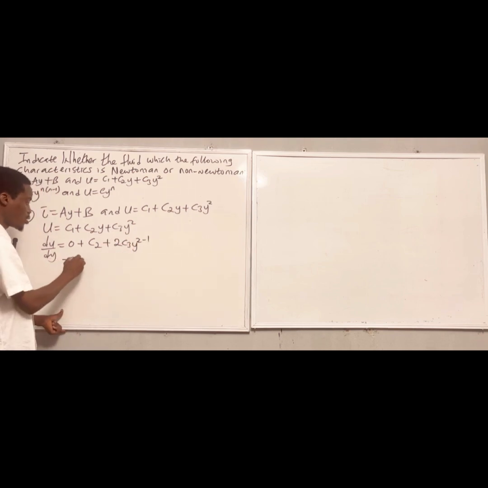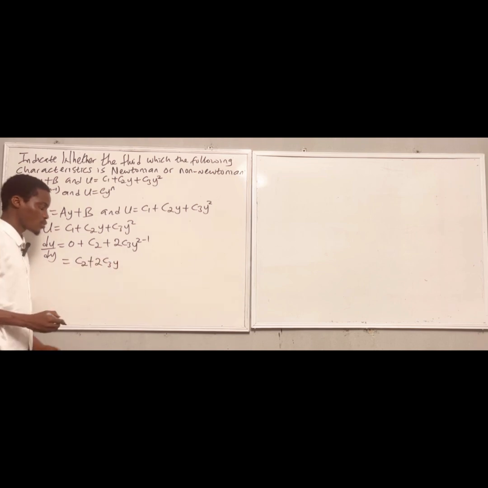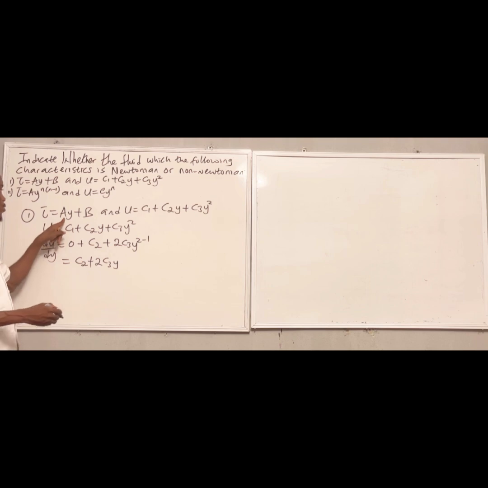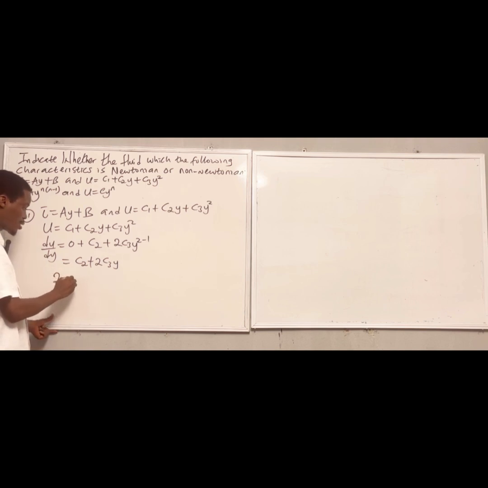So we are going to have C2 plus 2C3Y. Remember we have Ay plus B here. So I can write this as 2C3Y plus C2.